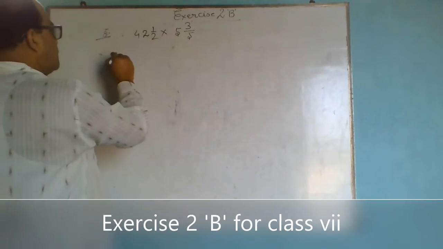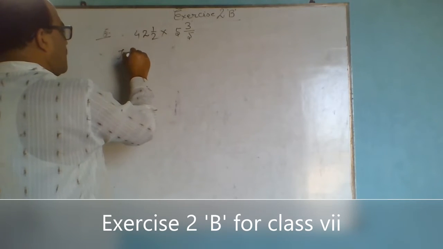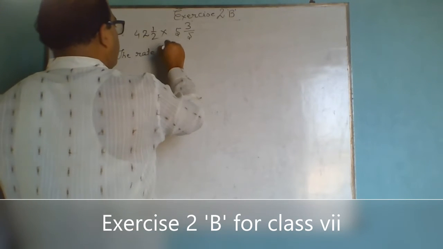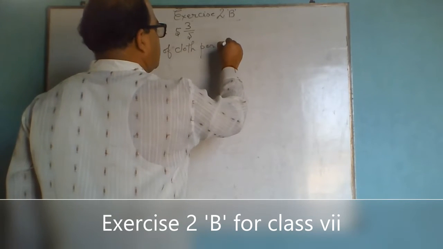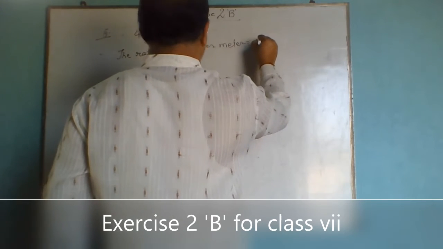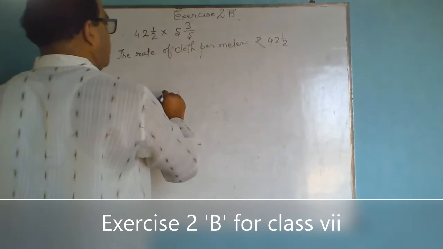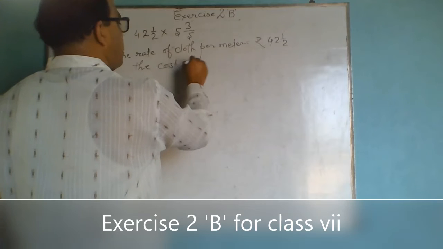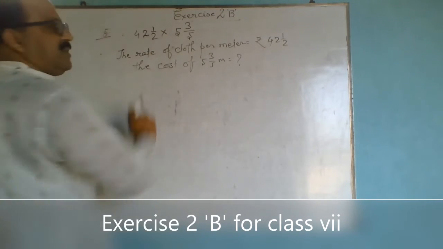I will write down the rate of cloth per meter is equal to rupees 42 whole 1 by 2. The cost of 5 whole 3 by 5 meter is equal to what? Then you will solve it.